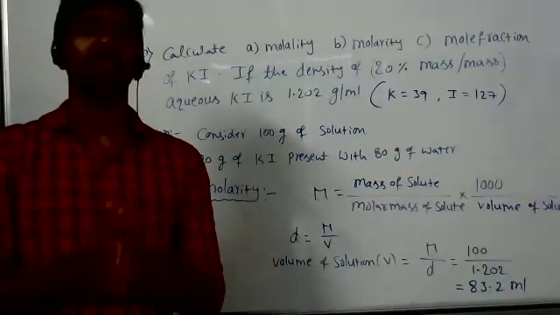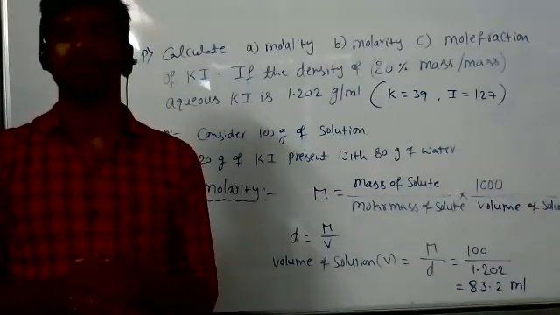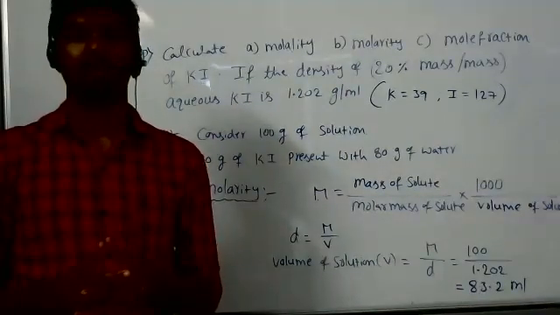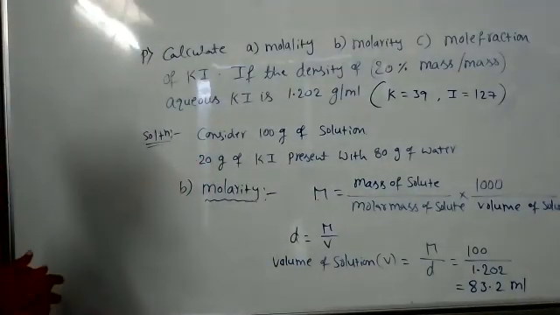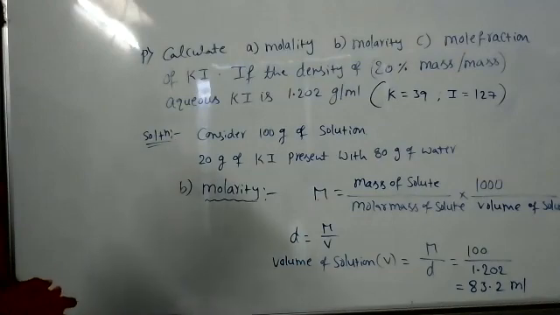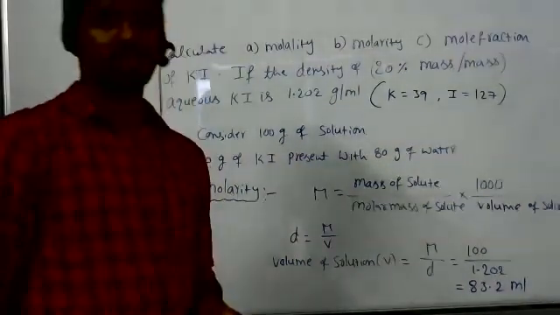It's aqueous KI. The density of the solution is 1.202, not for potassium iodide. Sir, for 20 grams it will have a definite volume, and for 80 grams of water another definite volume, so we need to add those two volumes, right?